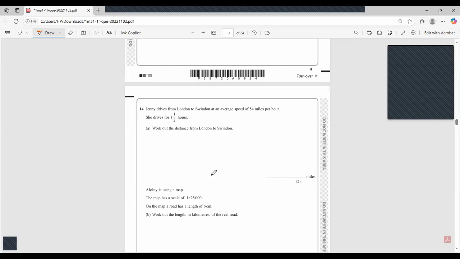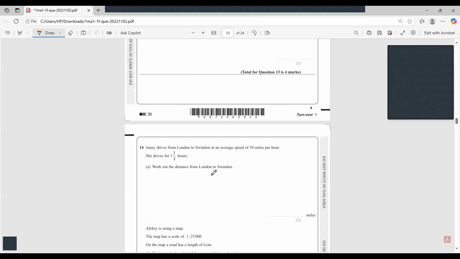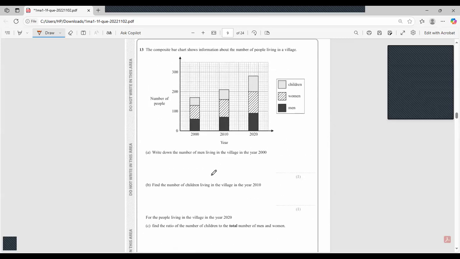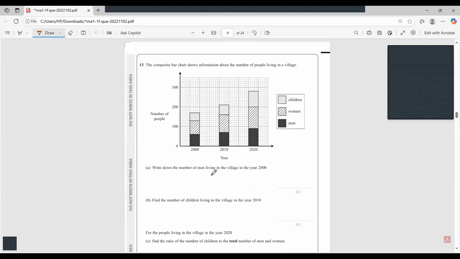That will be it. Yes, you're right. Okay. So I'll take it that you can do this, guy. And we can move on. Okay. How about this one? I think this one, you're just simply reading from the graph, right? So I think we can move on.